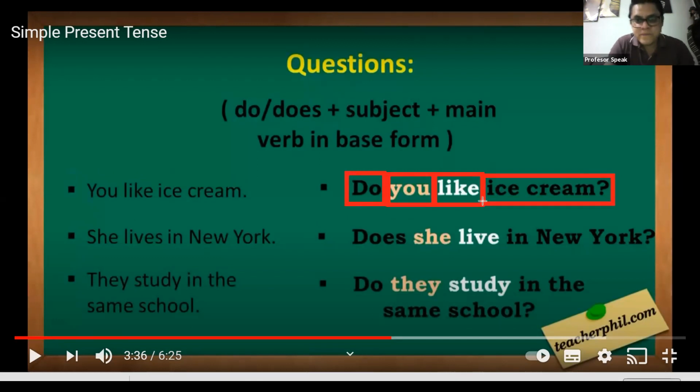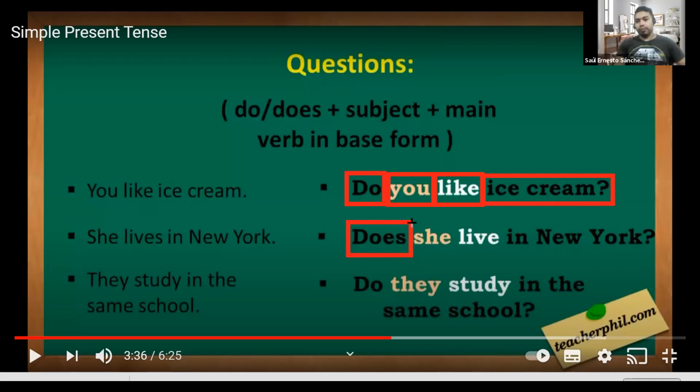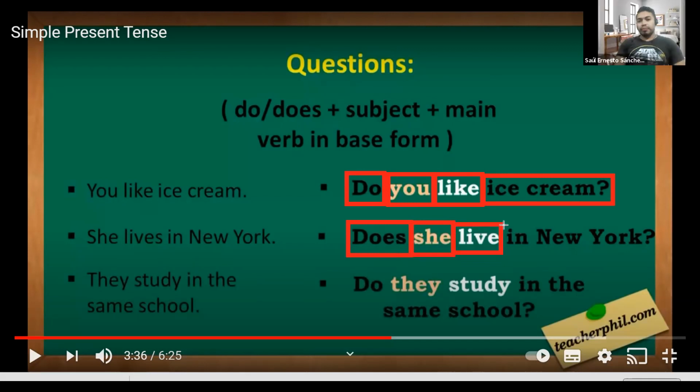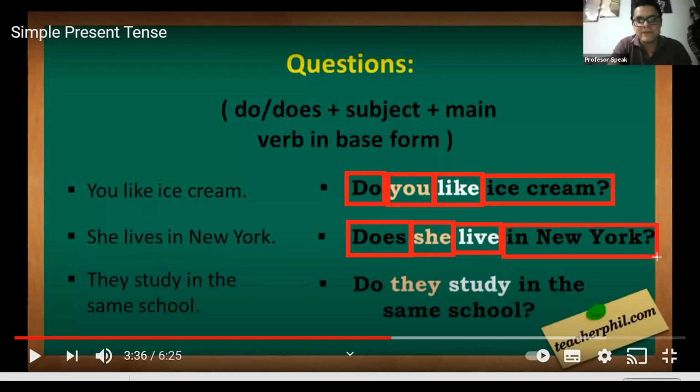All right. So what's this, guys? How do you call this? Auxiliary or verb? Auxiliary. Okay, continue. What's this? Subject. Okay, what's this? Main verb. Okay, and finally we have the complement. Very good.